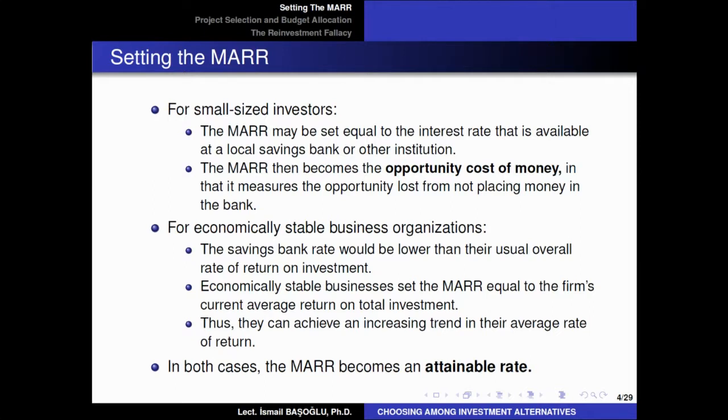Now, if the company intends to expand and get larger and larger, in that case, they need to set their minimum acceptable rate of return, or minimum attractive rate of return, to the current average return on total investments, so they can experience an increasing trend in their average rate of return.